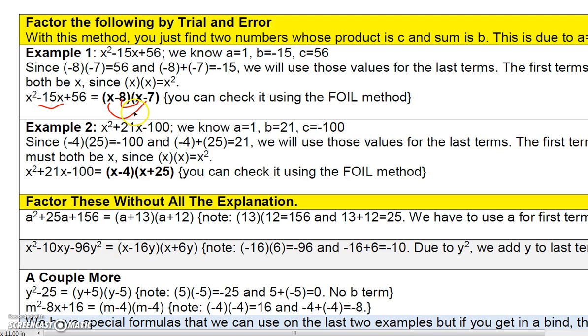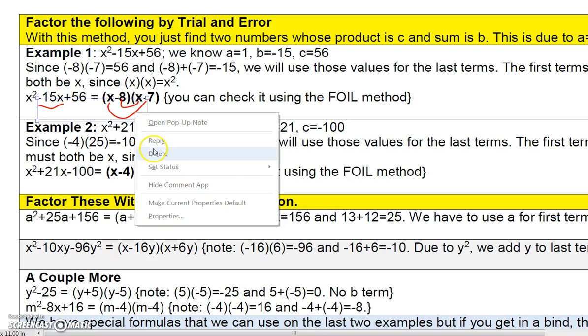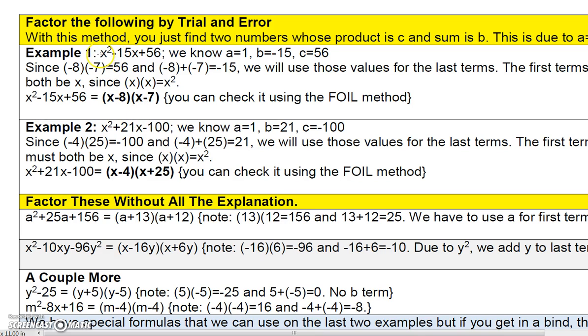So that's why it makes this particular type of trial and error easier rather than if the coefficient of the trinomial was a number other than 1. So if we had a number other than 1 here for x squared, it would be more difficult. But when the coefficient is just 1, in other words, if we just have x squared, it makes this easier.